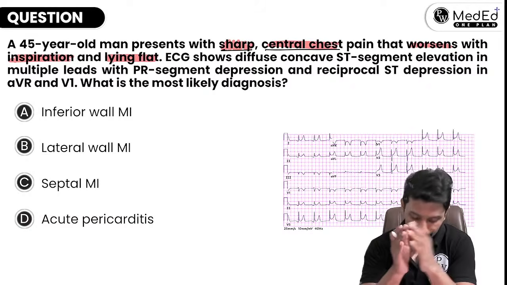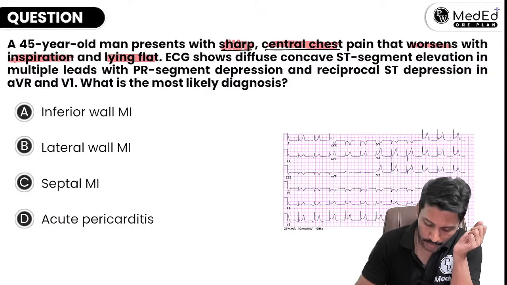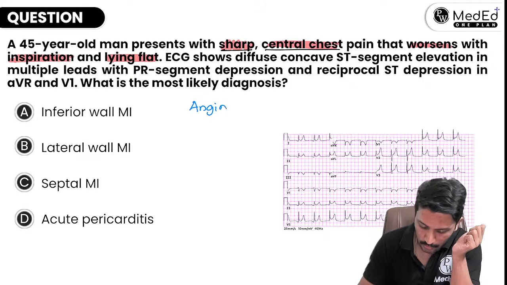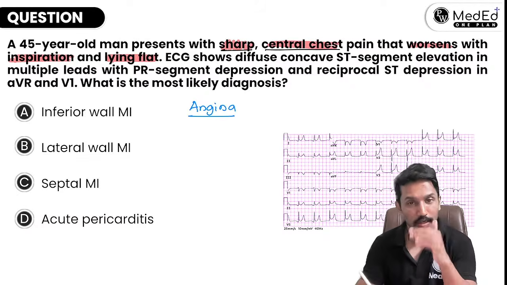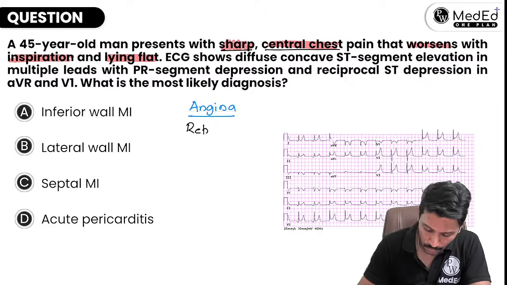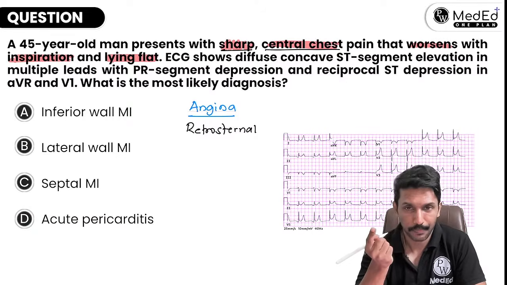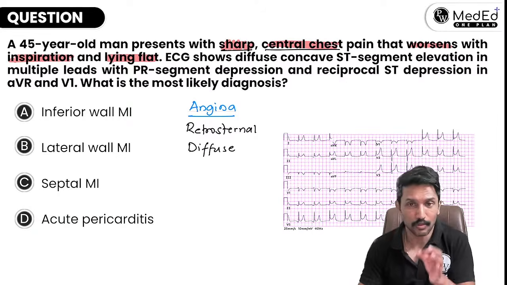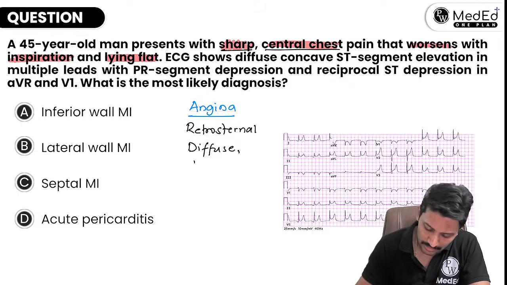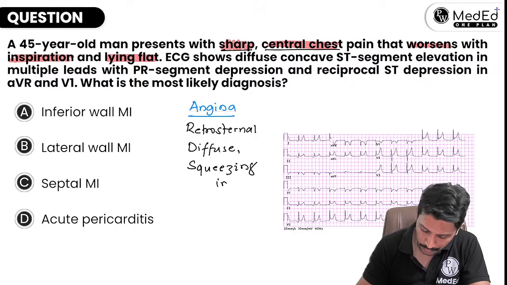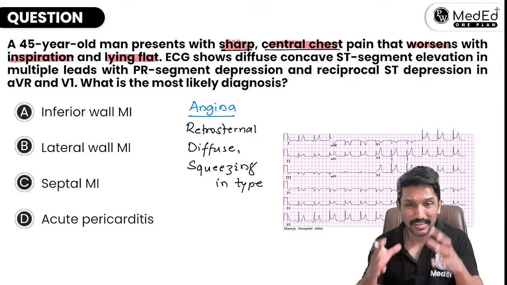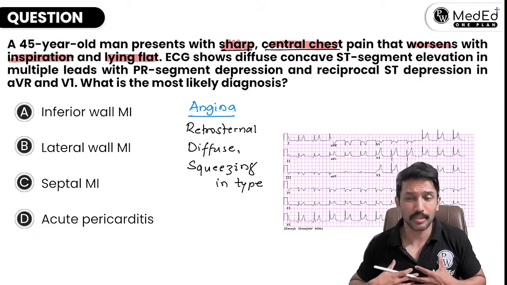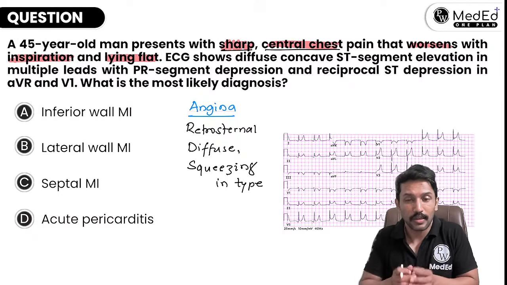So guys, remember the chest pain due to MI or myocardial ischemia, what you call angina, is retrosternal or central, just like in this question, but that pain is usually diffuse and not sharply localized, and it is rather squeezing or constricting in type. So patients often complain of tightness rather than feeling like someone is stabbing.